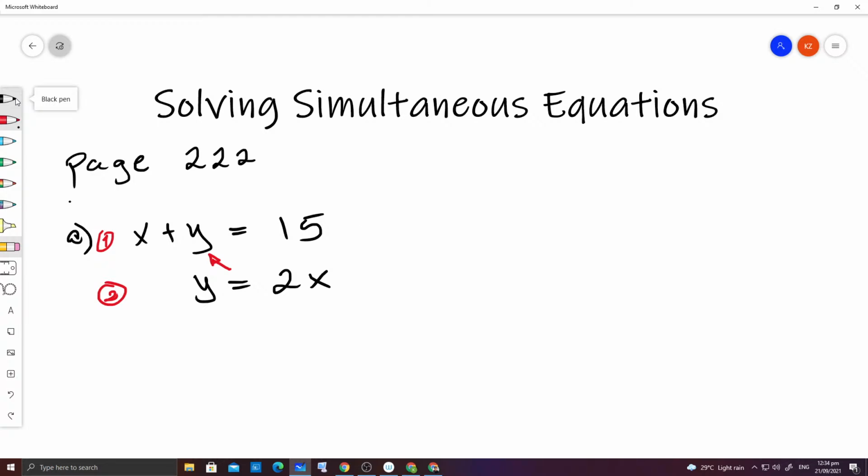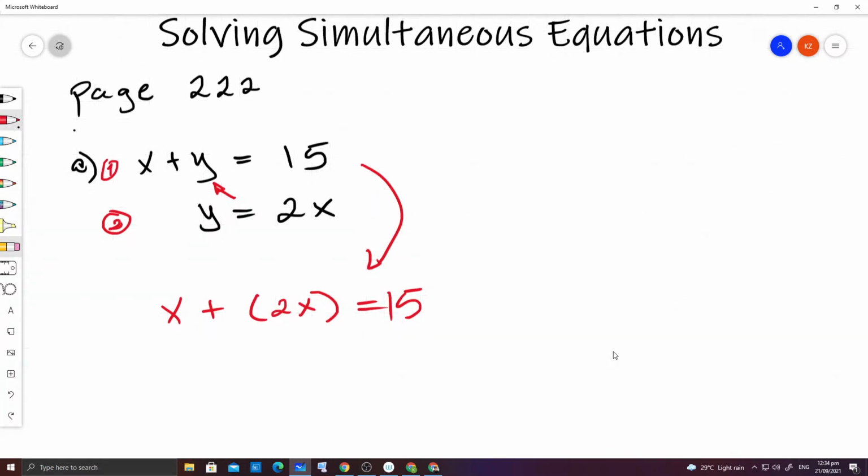So equation 1 will become x plus 2x equals 15. Why 2x? Because equation number 2 says that the value of y is 2x. So we have x plus 2x is 3x equals 15, so all over 3, x is equal to 5.